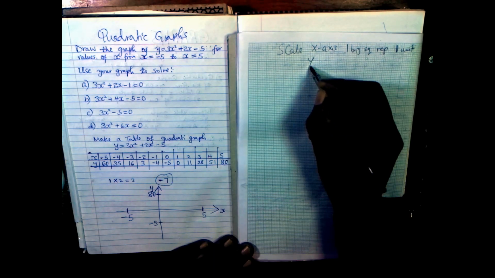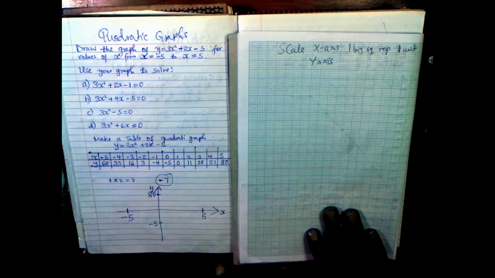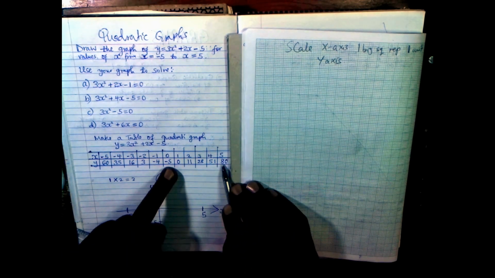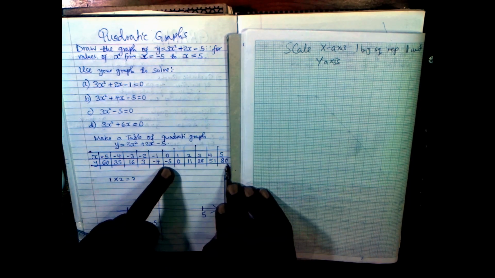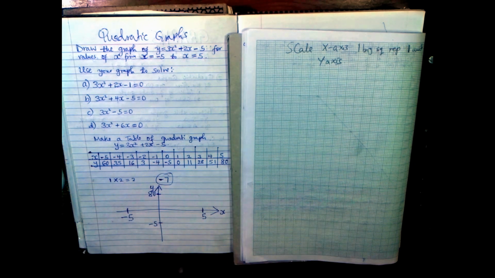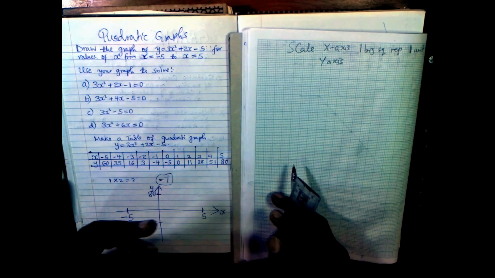And for the y-axis, there is a difference of 80 plus 5, so I can take 100.